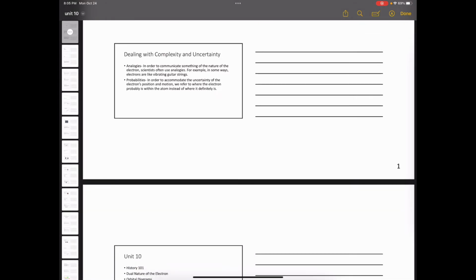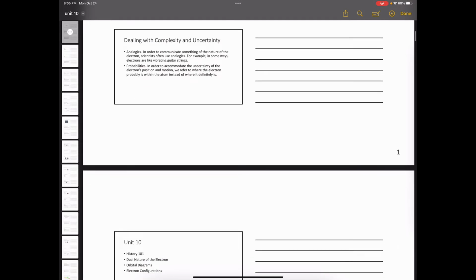When we are dealing with a complex or challenging problem, we try to draw an analogy to something we are familiar with, so we can understand the problem and find a solution in a way more relevant to us. And we also look at probabilities.